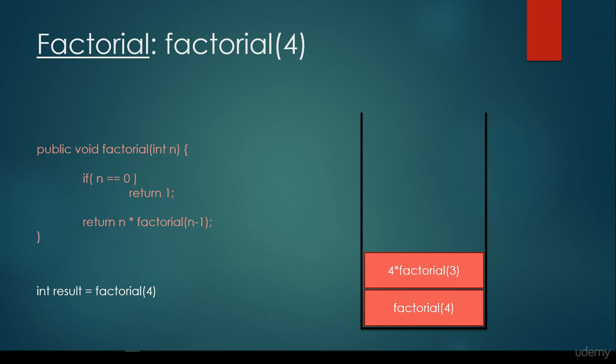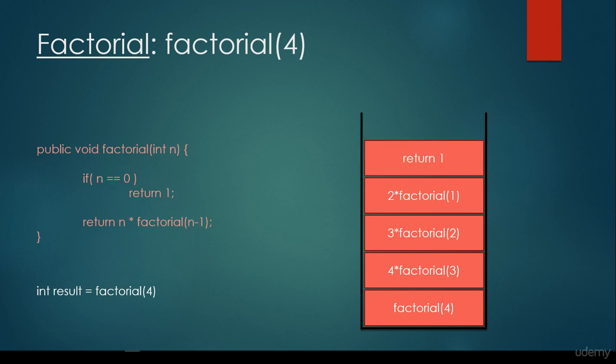This is not the base case, so again we are going to call the factorial function with the integer 2: 3 times factorial 2. Then we are going to call 2 times factorial 1. Then we are going to call 1 times factorial 0, but the factorial of 0 is equal to 1, so we return 1 because we hit the base case.